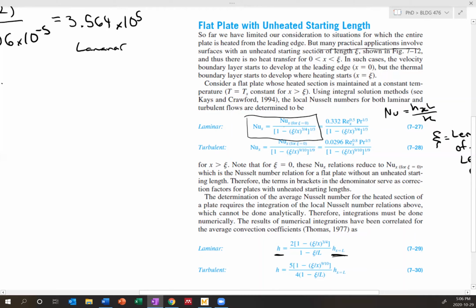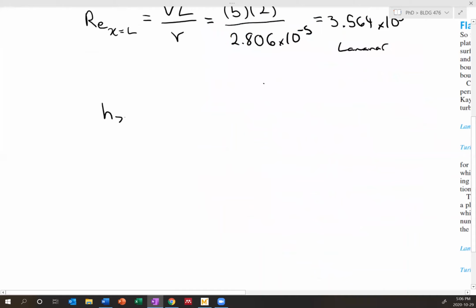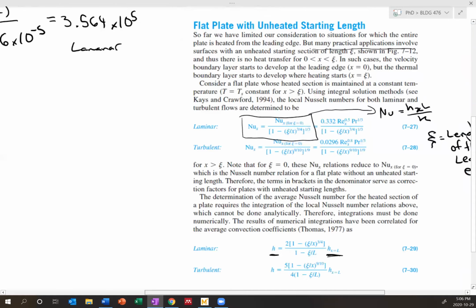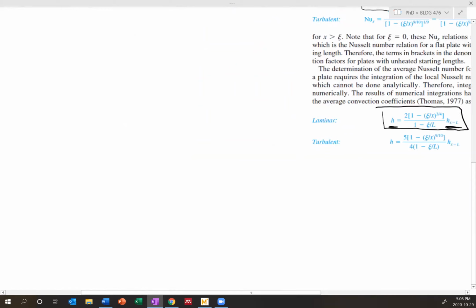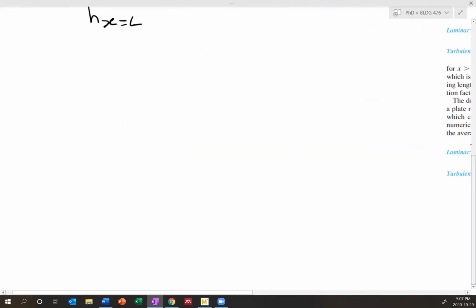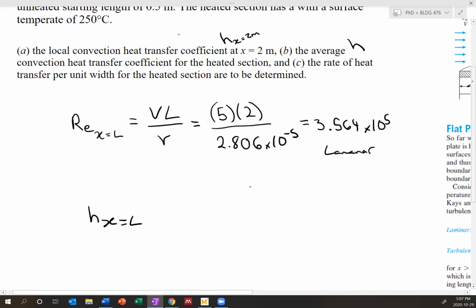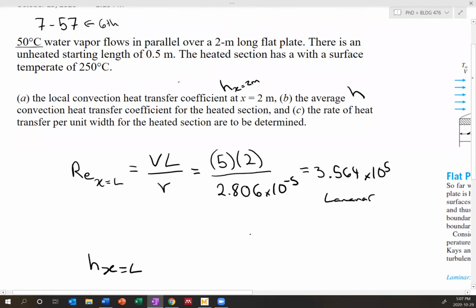You would have your Nusselt number. From there, you could find your convection coefficient at x equal to L. And then once you have your local convection coefficient at x equal to L, you use this equation to find your average coefficient, just h. Okay. Any questions about that?